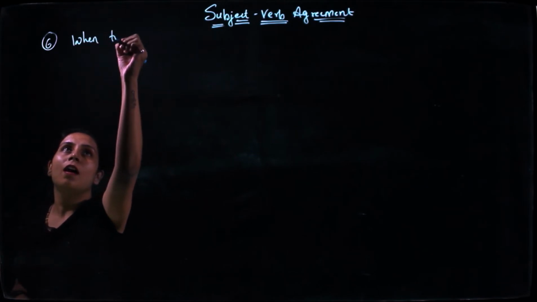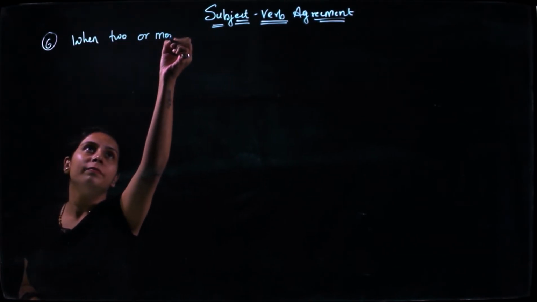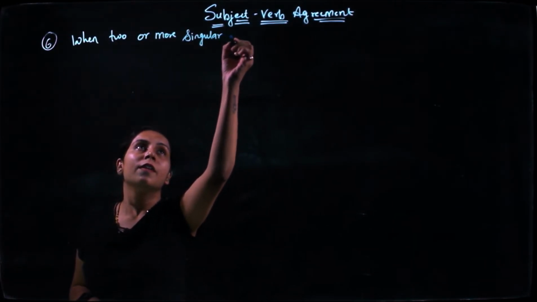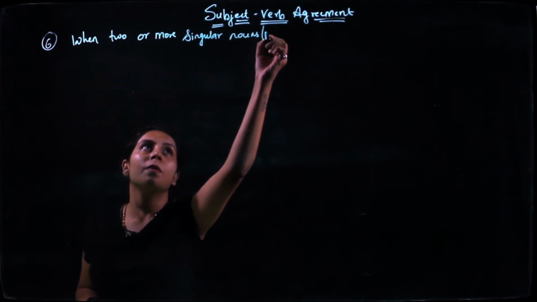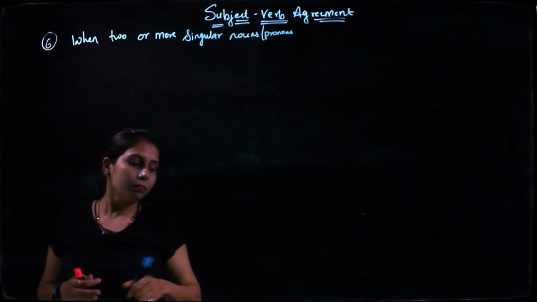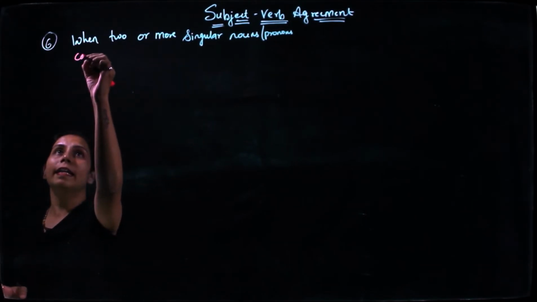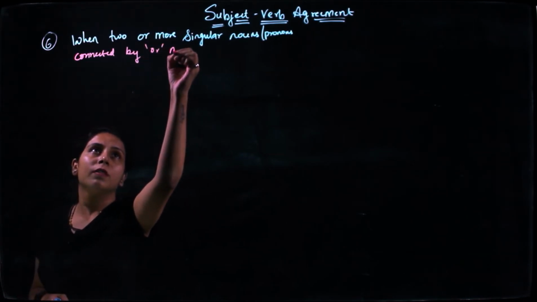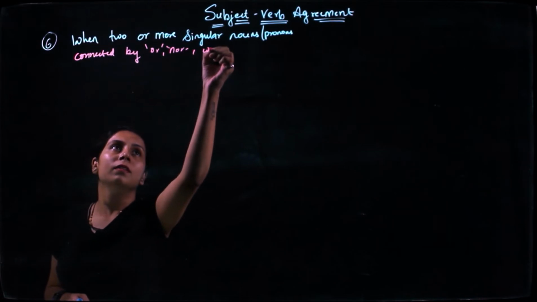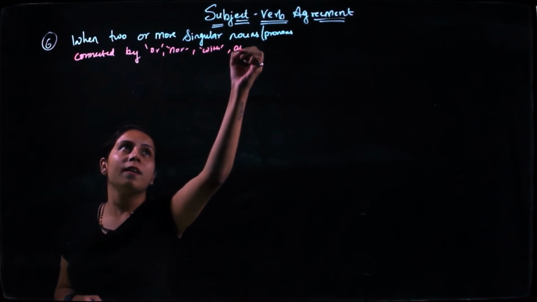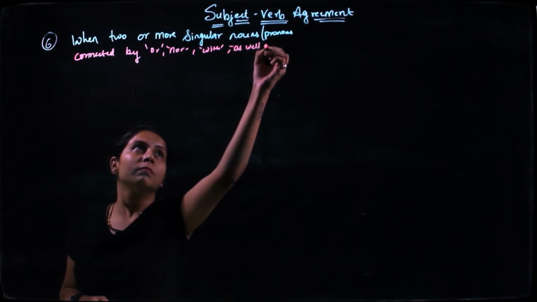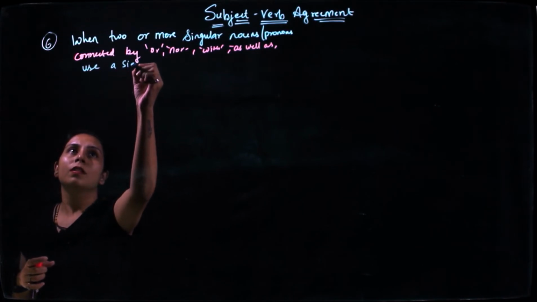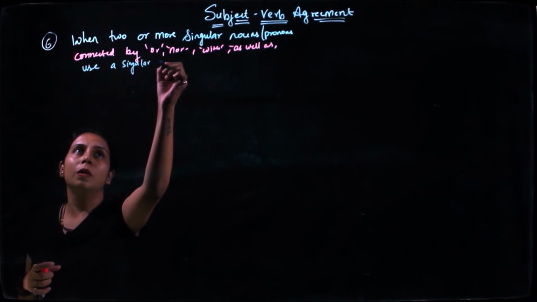When there are 2 or more singular nouns or pronouns which are connected by or, nor, with, as well as, then we need to use a singular verb.